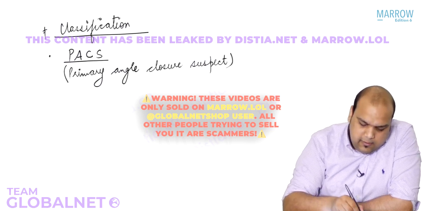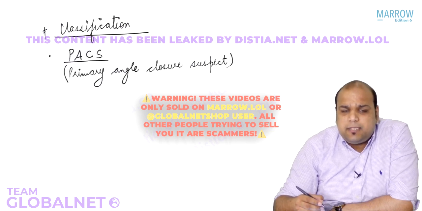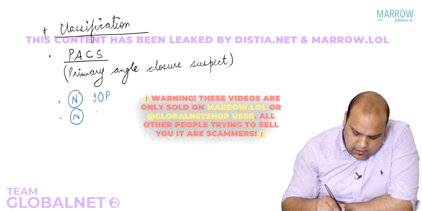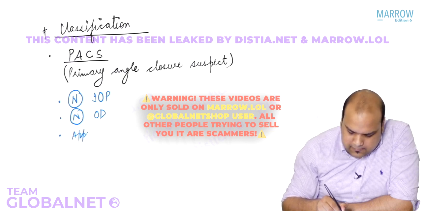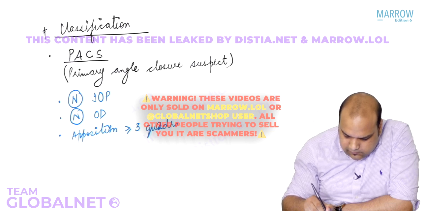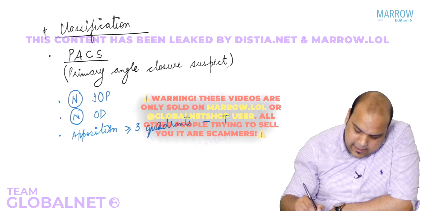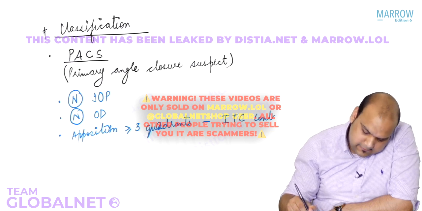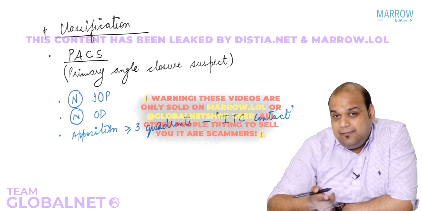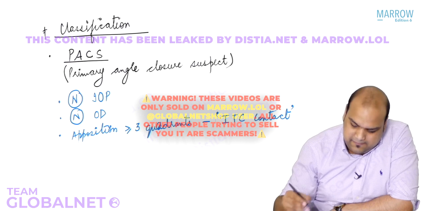How do we define a primary angle closure suspect? In such a case, there will be normal IOP, normal optic disc, but there will be apposition in greater than or equal to 3 quadrants. Basically, iridotrabeculocorneal contact. The angle is about to close, so you are calling it a suspect.